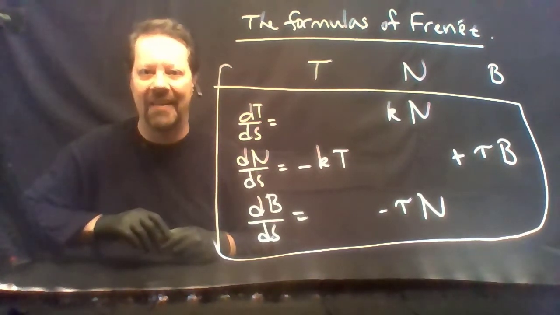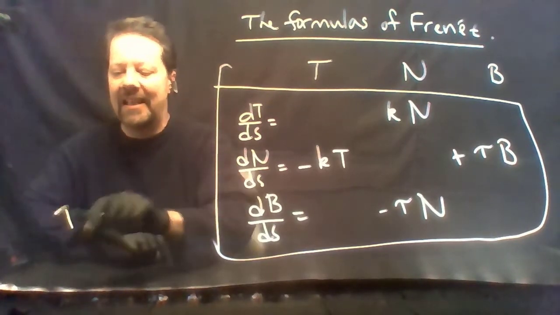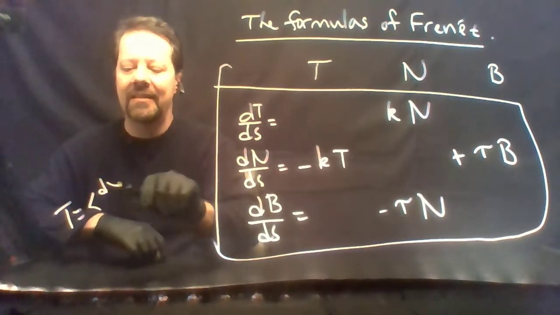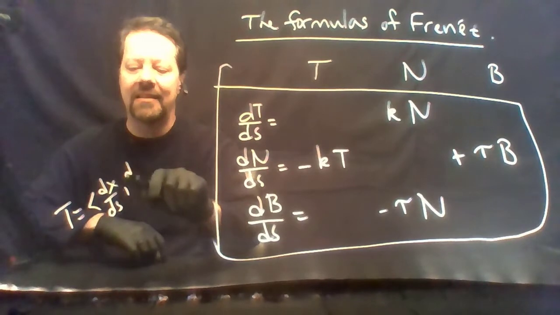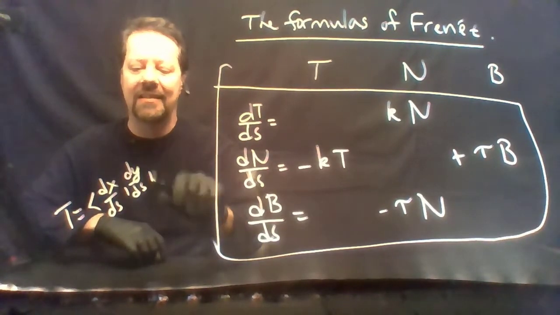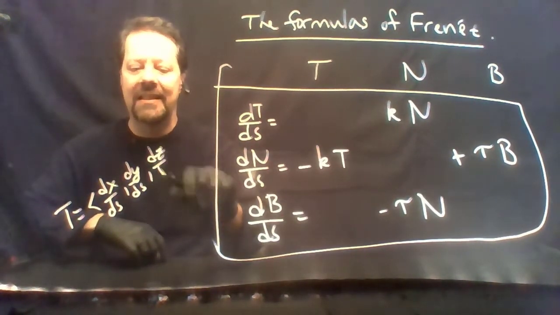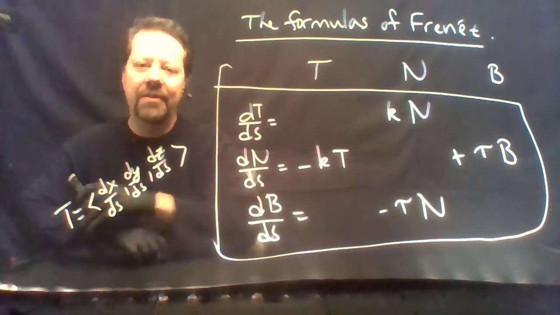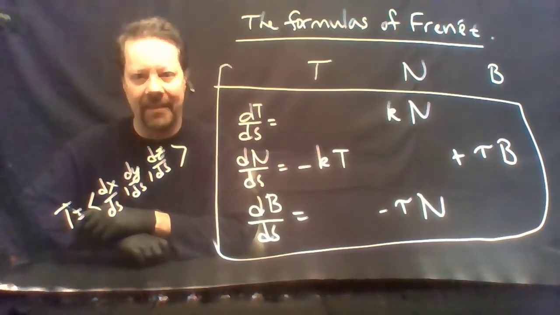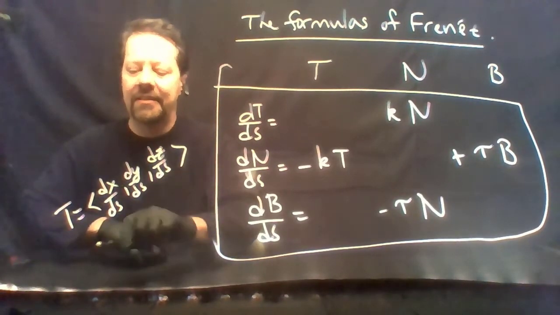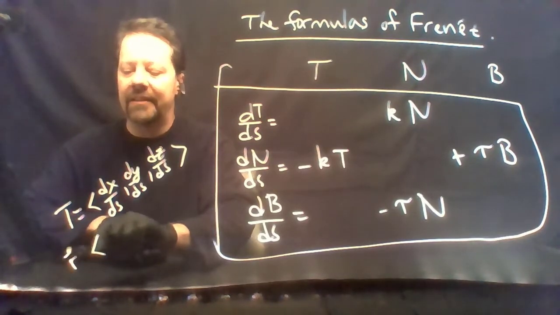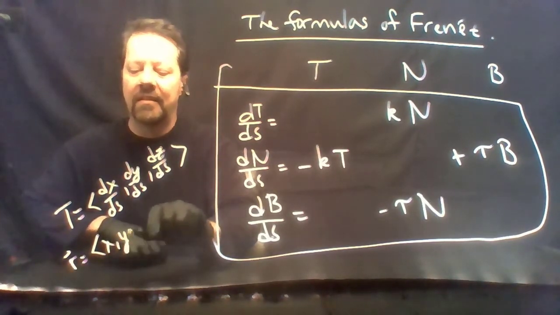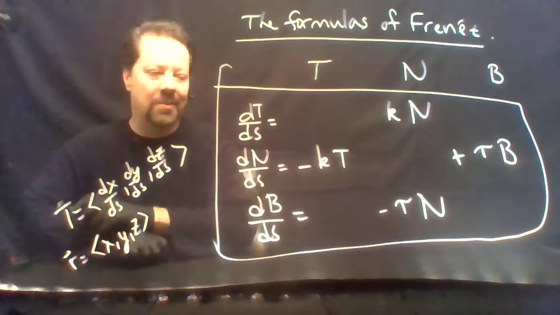The thing to point out here is that t is dx/ds, dy/ds, dz/ds. If you can figure out the unit tangent vector, then you can integrate to find the position vector xyz.